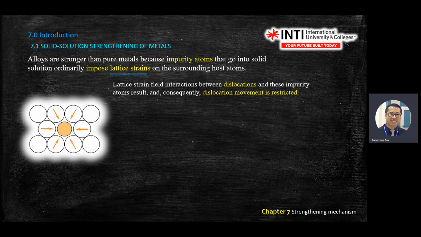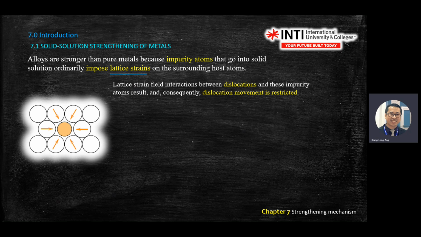You know that strain itself is a deformation. The definition of strain is the change of length divided by the original length, or it can also mean the change of diameter divided by the original diameter.